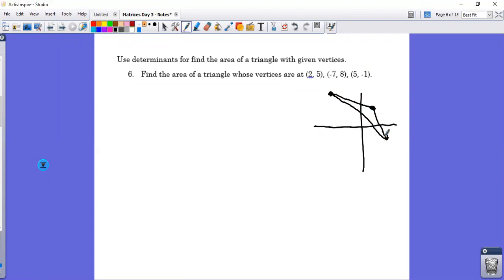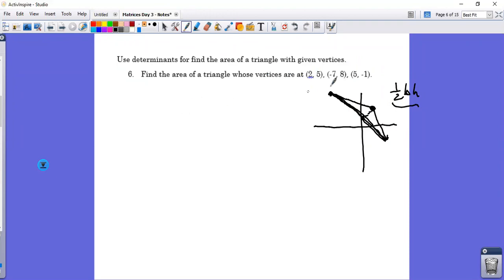Say we use this part as the base. You'd have to find the distance of that using the distance formula. Then you'd have to get a perpendicular line that went from that vertex down to that base using slope and a line through a point, and then find the distance of that line, and then 1/2 base times height. And that's crazy geometry stuff.